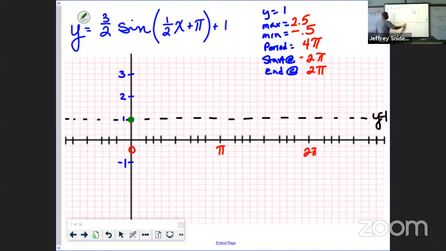At -0.5. Then what's 2 pi going to be? The midline again. So literally the only part of this graph I'm seeing is this part here. The other part would be this part, and it just disappears. But we would know it would go like this, and then it would come back down.